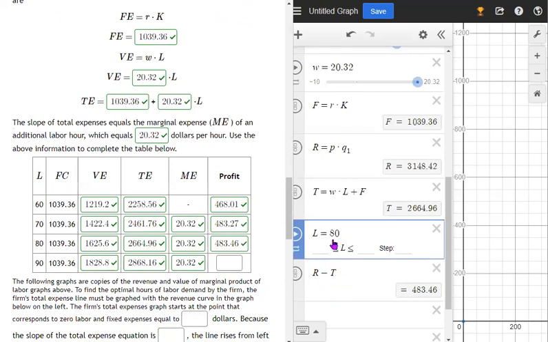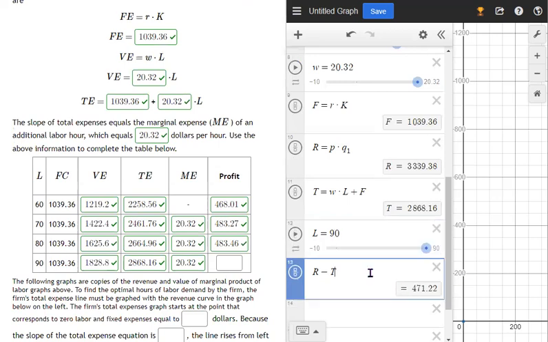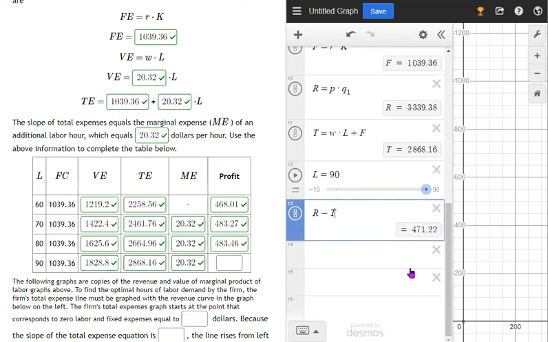When my labor demand is 90, my profit is 471.22.